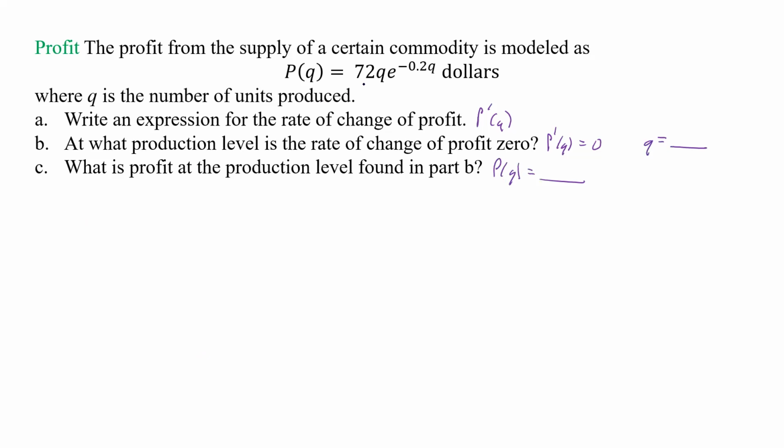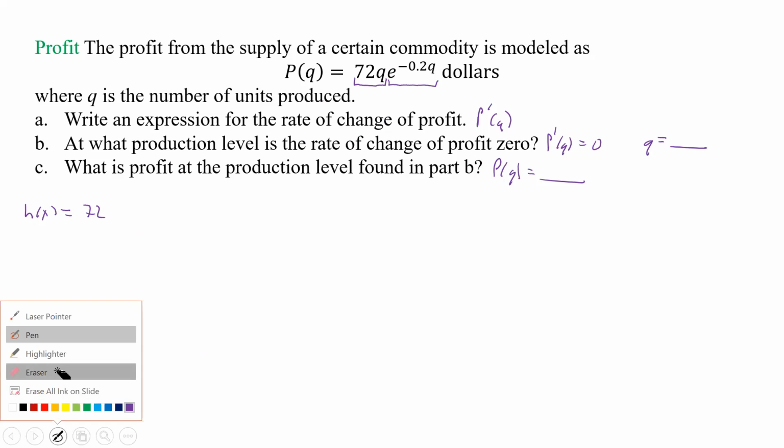And so our product. Okay, well, I'm going to say let's take 72 times Q and e to the negative 0.2 Q. All right, so let's call g of x equal to the 72. Now, these are Q's, so I have to use a Q instead of x.